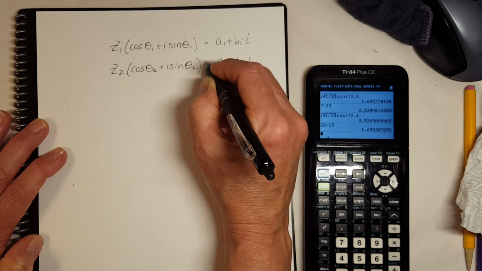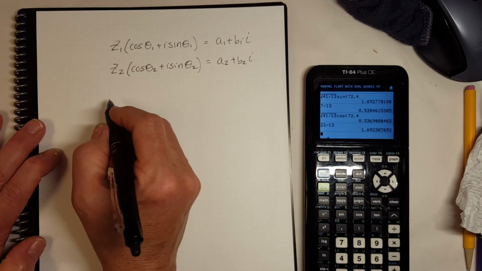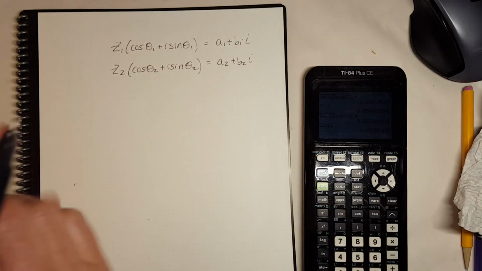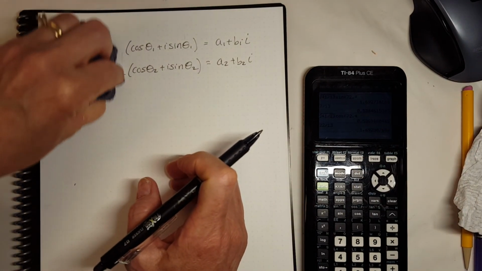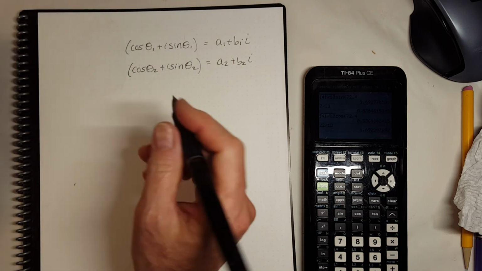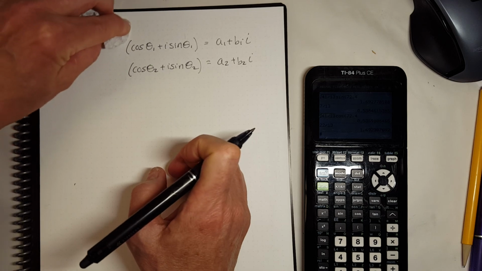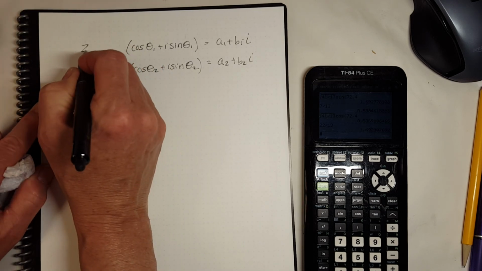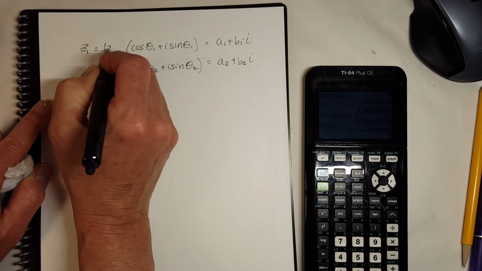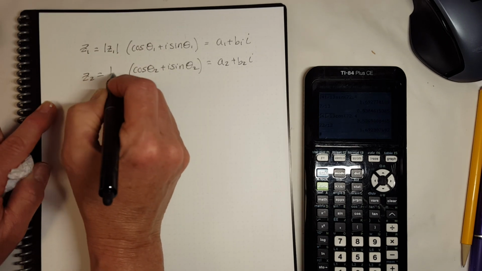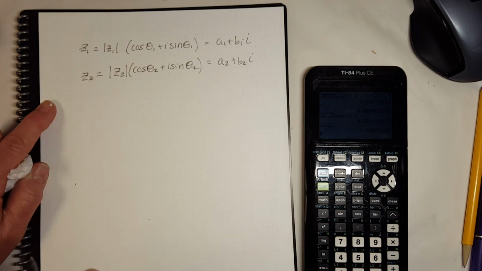In fact, let me just rewrite this. z1 is equal to the absolute value of z1 times the cosine. z2 is equal to the absolute value of z2 times the cosine.